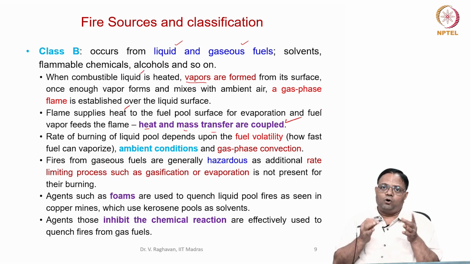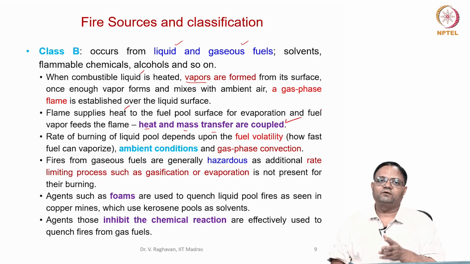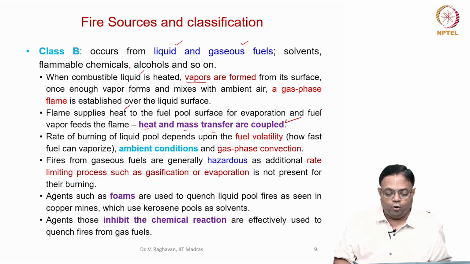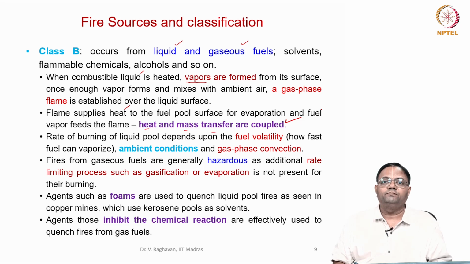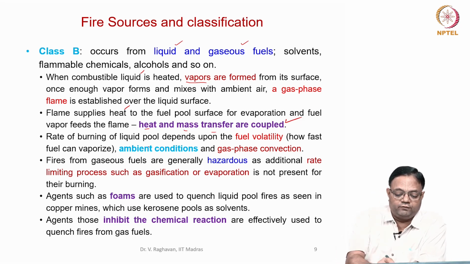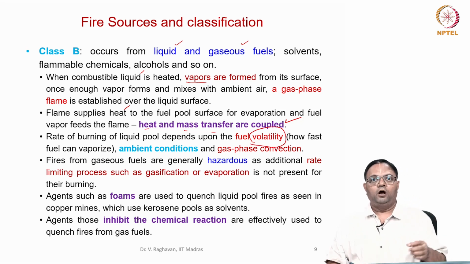If there is a delayed heat transfer, then mass transfer cannot occur, which means the fuel vapor cannot reach the flame surface. So the coupling between heat and mass transfer is important. The rate of burning of liquid fuel depends on a property called volatility. Volatility is nothing but how fast the fuel will vaporize.